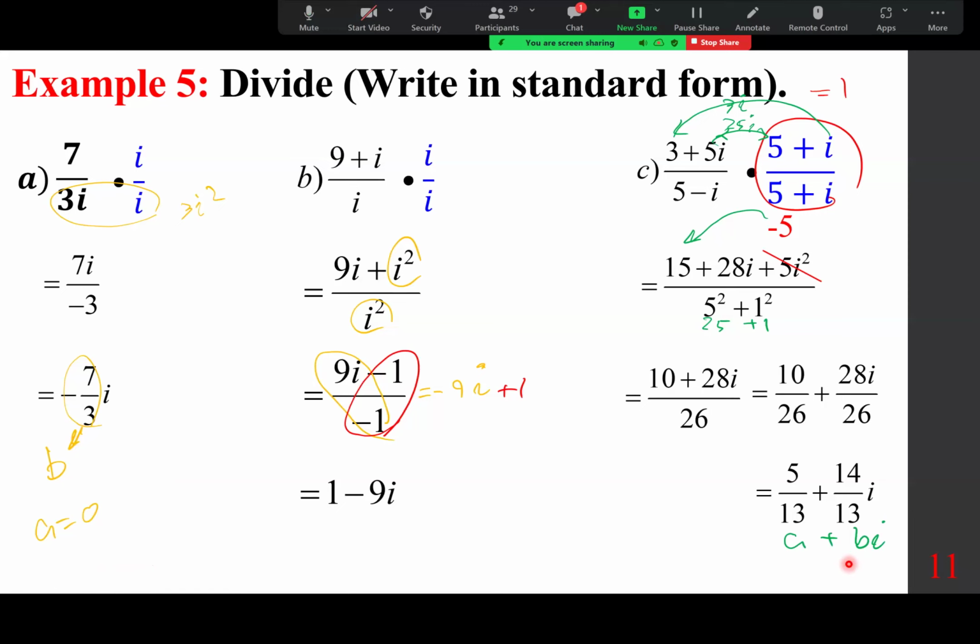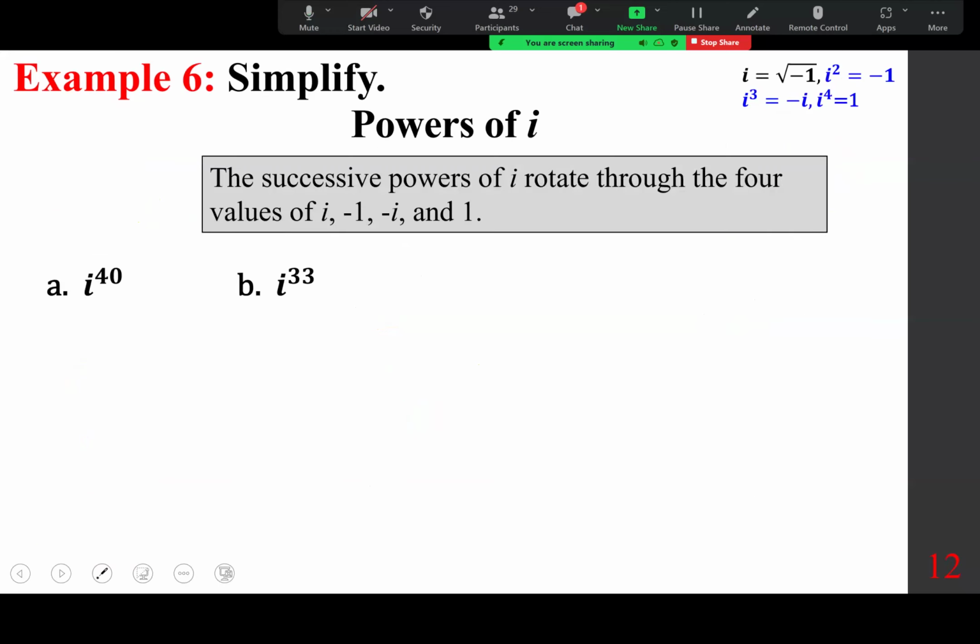Okay. Let's look at powers of i. We want to simplify the following. So we start with i is the square root of -1, i squared is -1, i cubed is -i, i to the power of 4 is 1, and the successive powers of i rotate through the four values of i, -1, -i, and 1. I want to quickly show you this one.